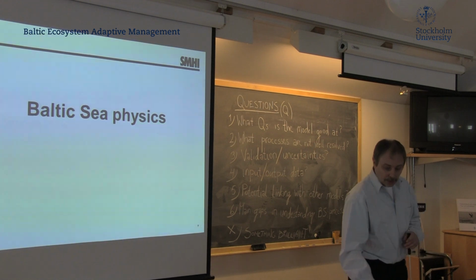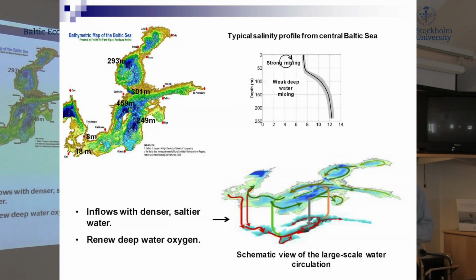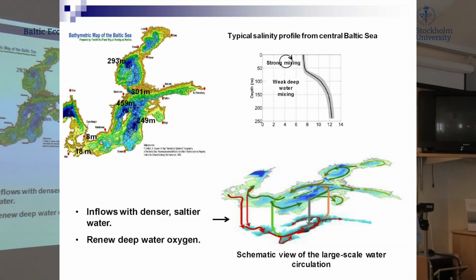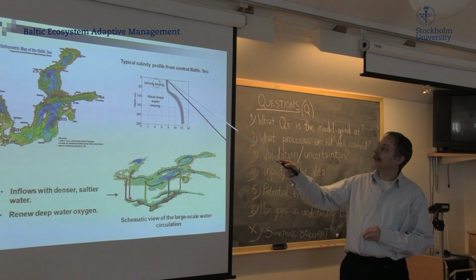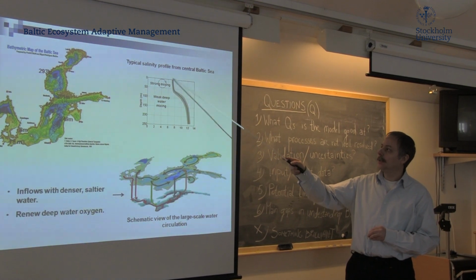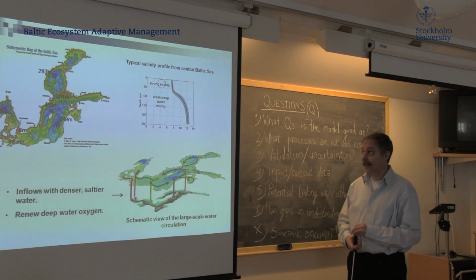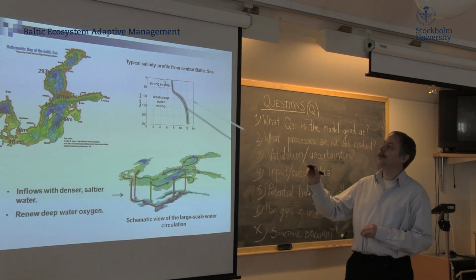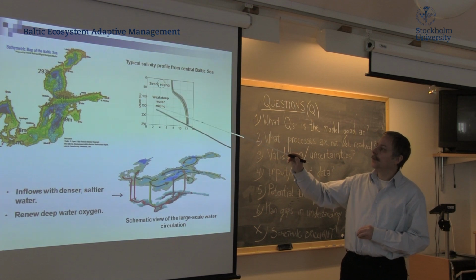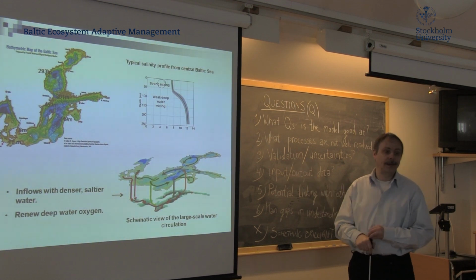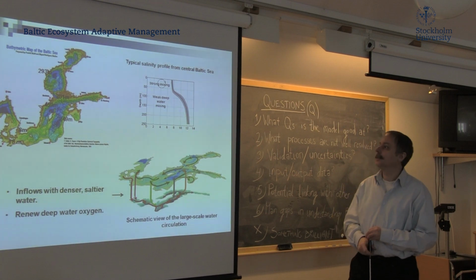So let's go more into the physics and how to build models that describe these physics. Again, we have to the left the topography, to the right the typical salinity profile from the center of the Baltic Sea. It looks like this, that you have first the vertically homogeneous layer due to wind-induced mixing. It's homogeneous. So this is salinity, but you can also display here density, it doesn't matter.